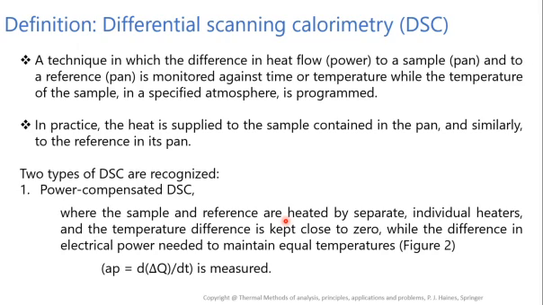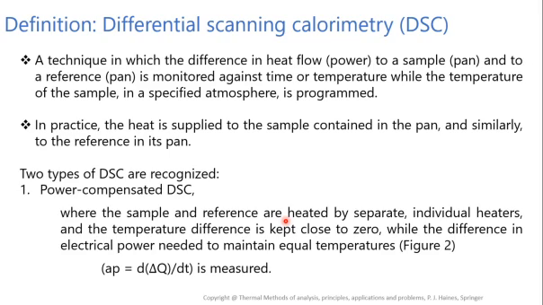Means what? We have to heat the particular sample to a temperature of about 1100, and the rate of heating may be 10 Kelvin per minute, 20 Kelvin per minute, 30 Kelvin per minute. So this is the programming of the temperature.